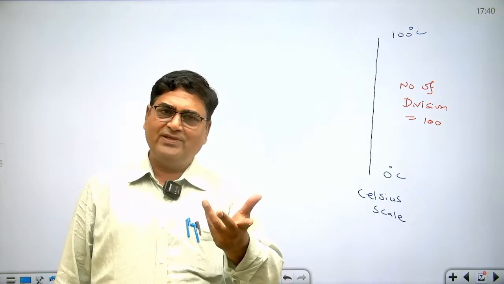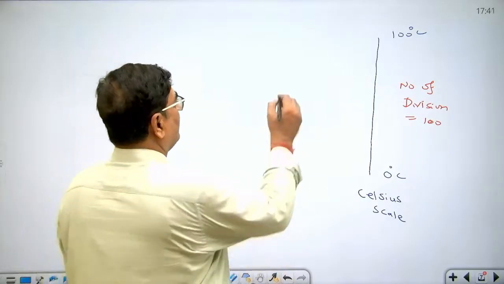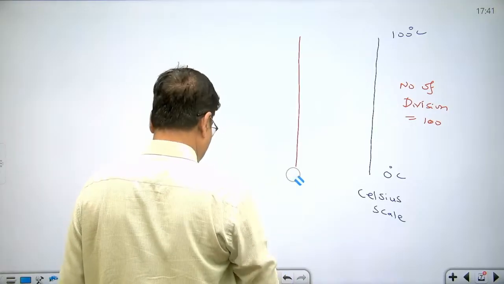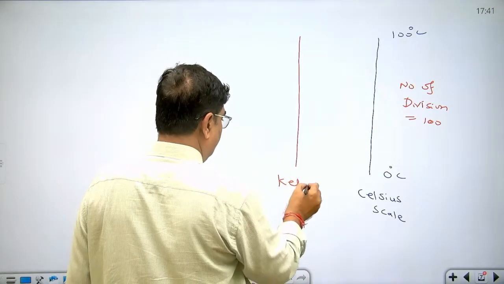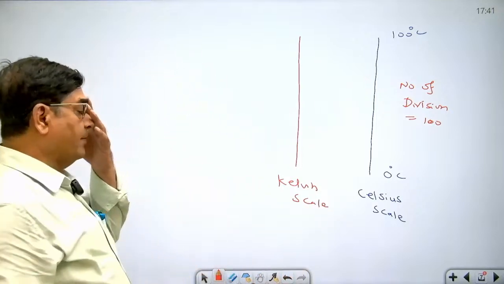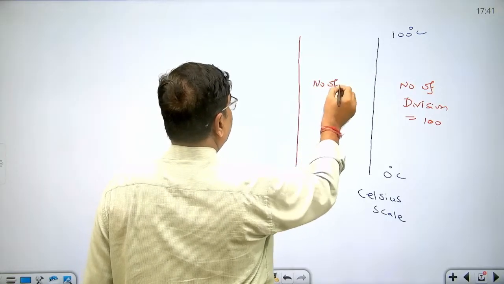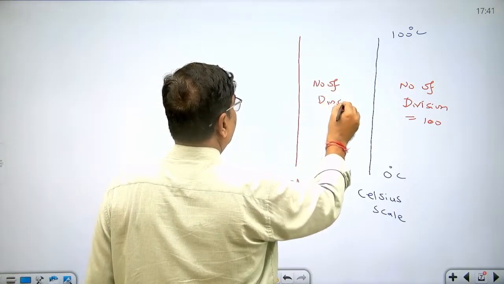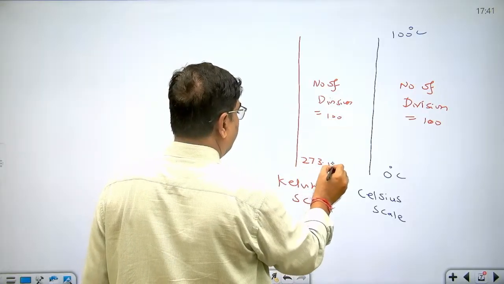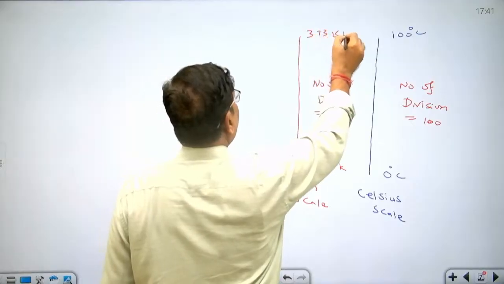More is the number of divisions, lesser will be the value. Okay. Now, dear student, let's talk about the Kelvin scale. On the Kelvin scale, again the number of divisions is 100. The lower point is 273.15 Kelvin and the upper point is 373.15 Kelvin.